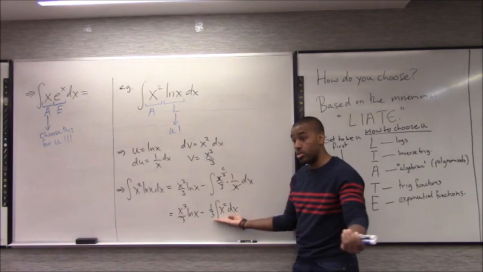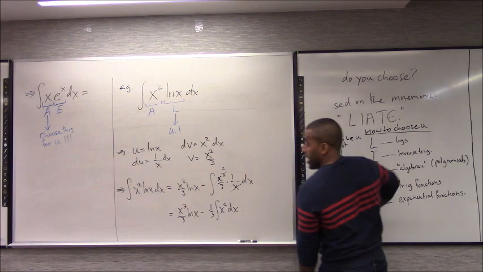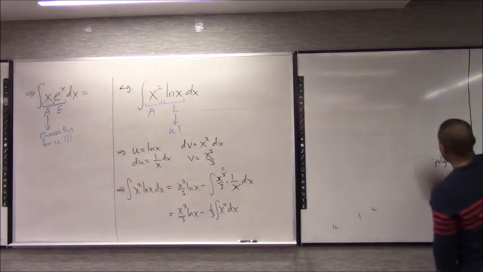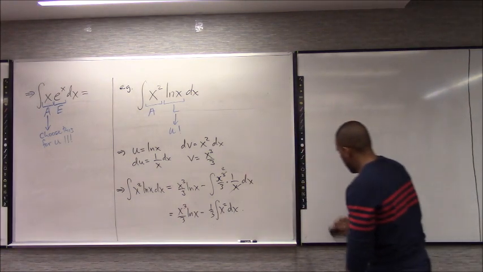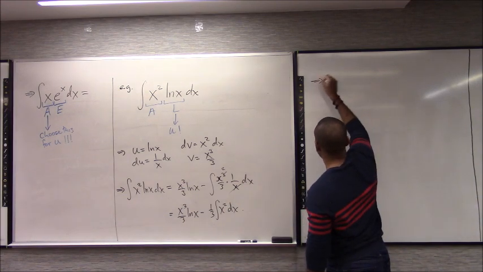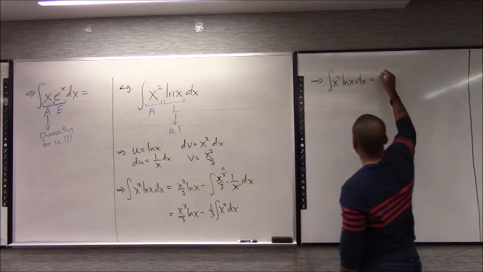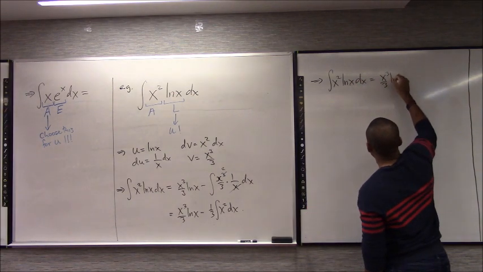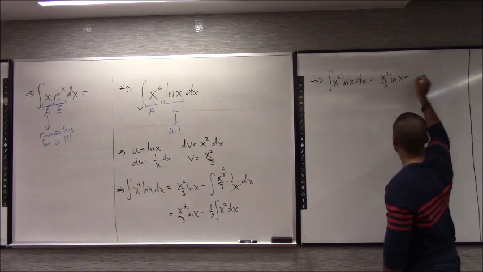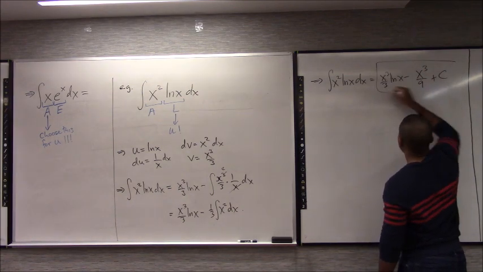In fact, there's a basic rule that applies to this. That's just an integral of x to the n. So you add 1 to the power and divide by the new power. So this gives us the integral of x squared ln x dx is equal to x cubed over 3 ln x minus x cubed over 9 plus c. And that's your answer.